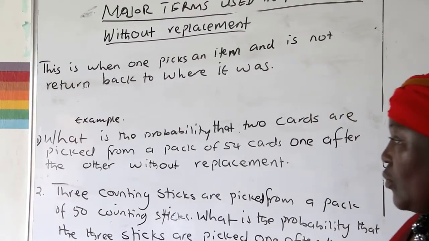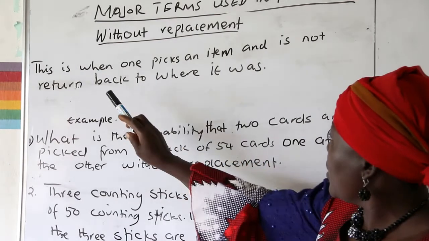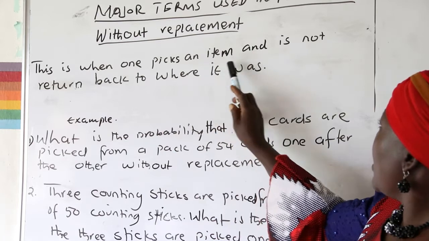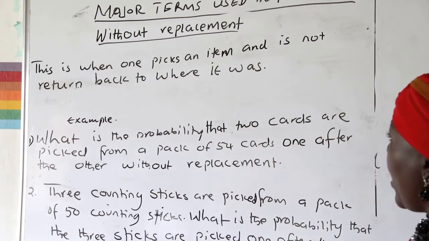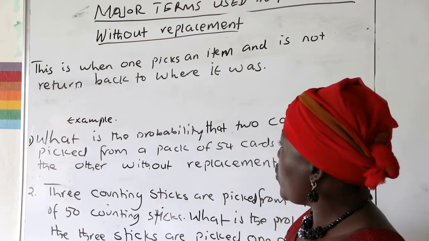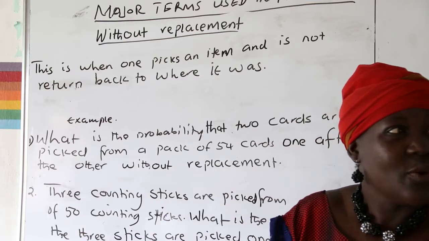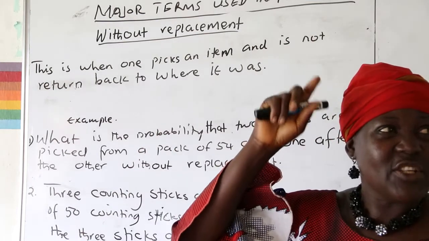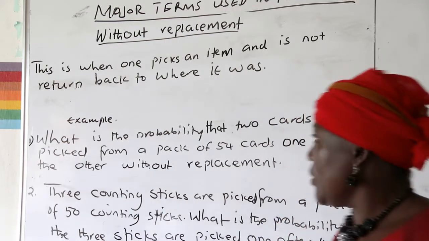Now, we are having these questions where one picks an item and it is not to return back to where it was. The examples we are having are the same examples, but the only change is without. Instead of with replacement, it's now without replacement.